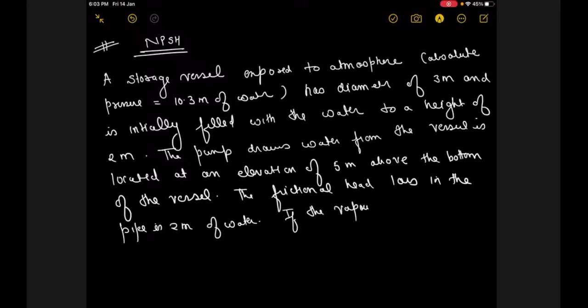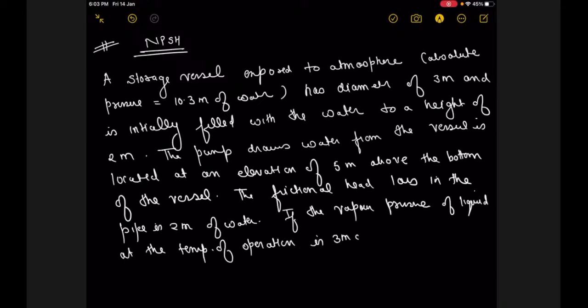If the vapor pressure of the liquid at the temperature of operation is 3 meter of water, calculate the available NPSH.